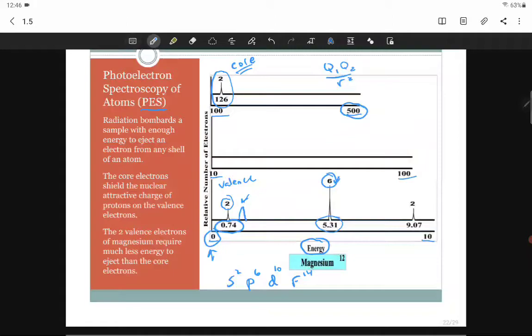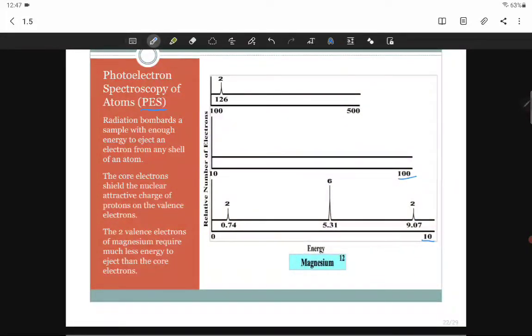Okay. Let me erase all these. Okay, and how did they know it was magnesium? So 2, 6, 2, and 2 adds up to 12. And if I look on the periodic table, the 12th atom on the periodic table is magnesium.